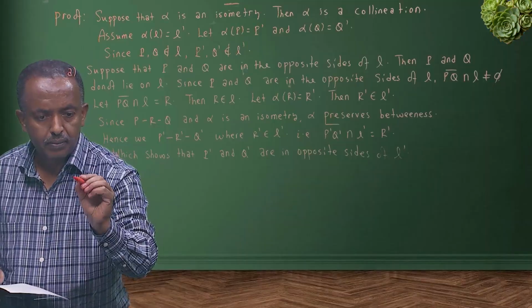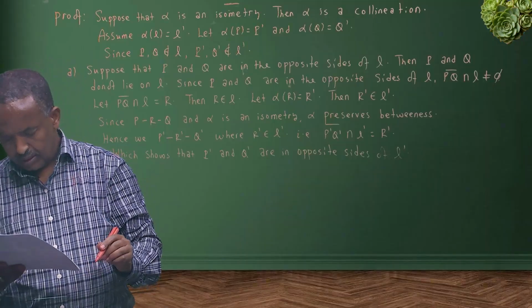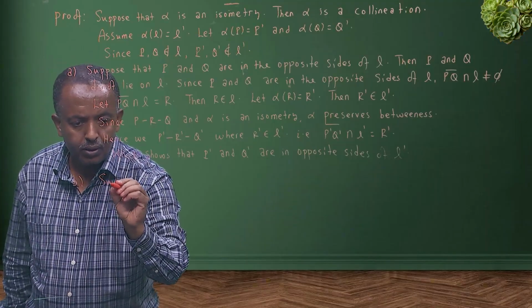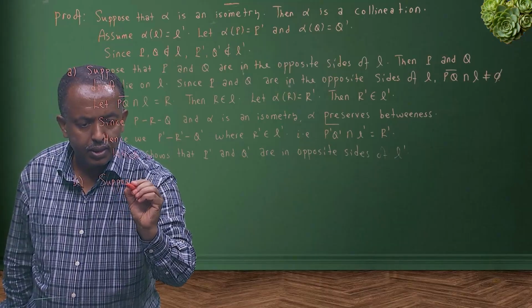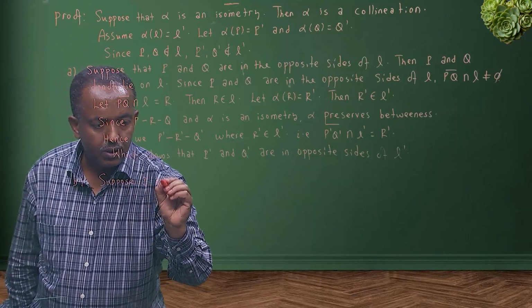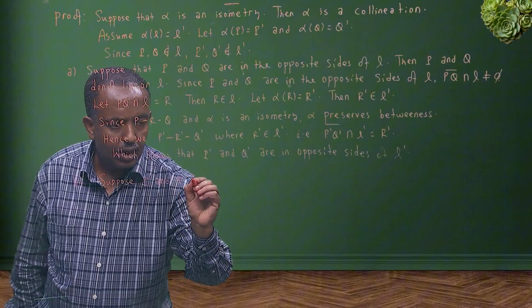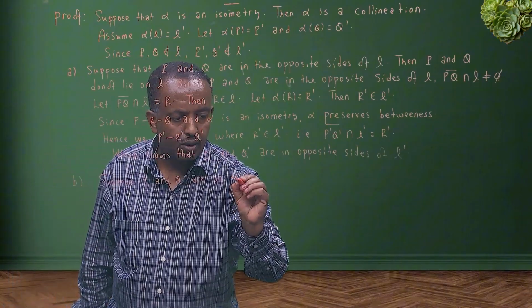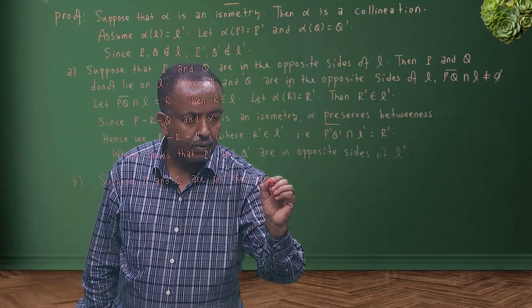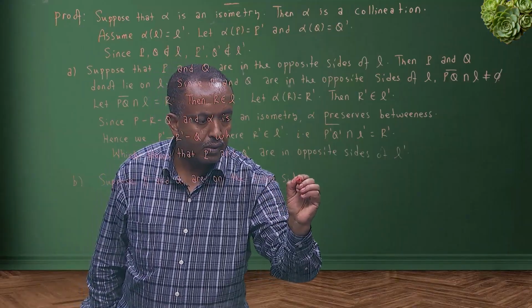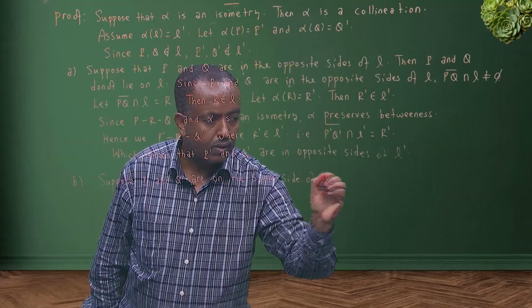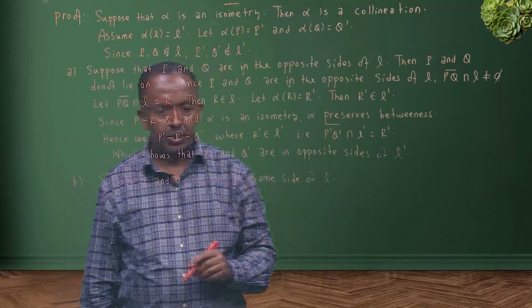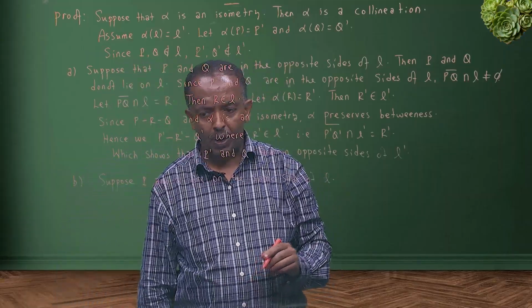B. Suppose P and Q are on the same side of L. We want to show that their images are on the same side of L prime.